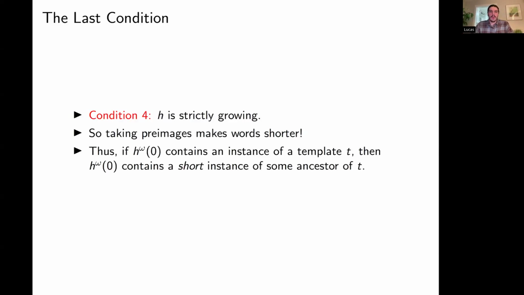So if the fixed point contains an instance of a template T, then it actually contains a short instance of some ancestor of T, because you start with your instance of your template and take its parents, and when you do that, you're making the word shorter at every step. So if you have a long instance, just take pre-images until you get a short instance of some ancestor.